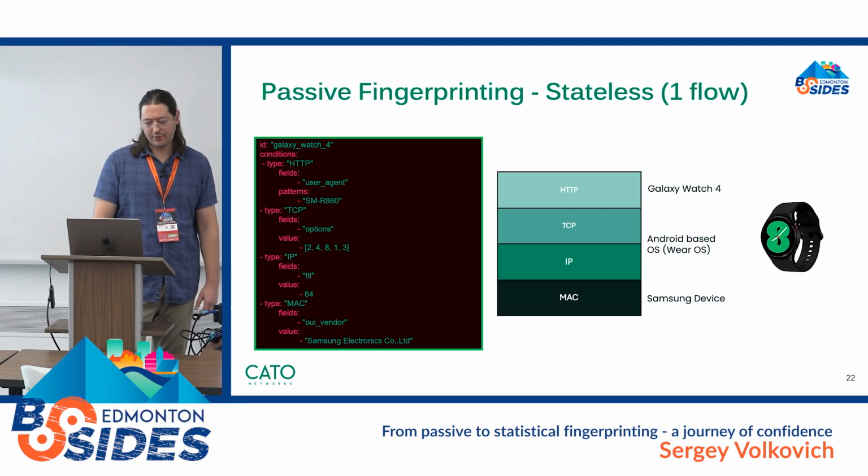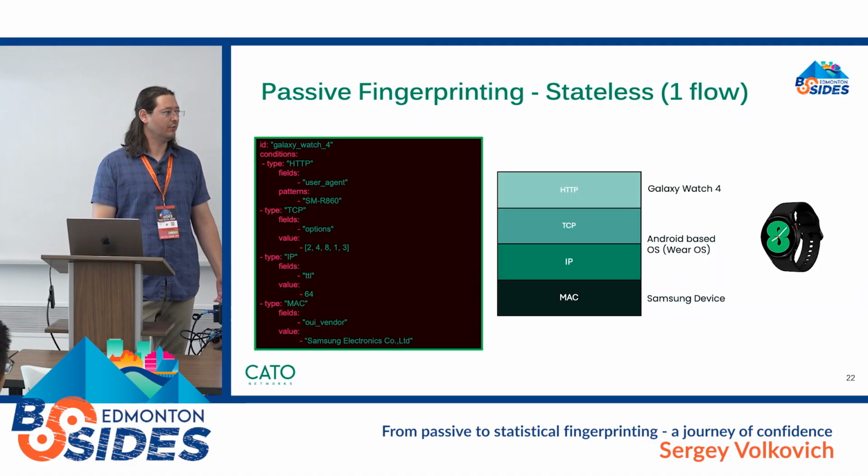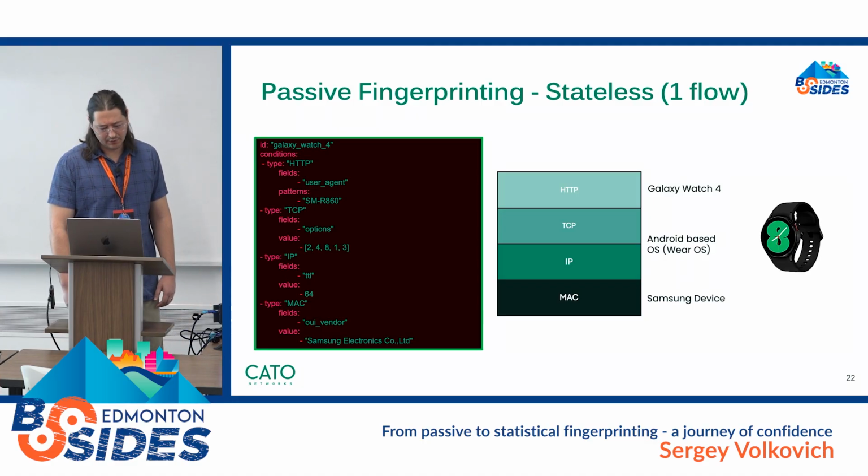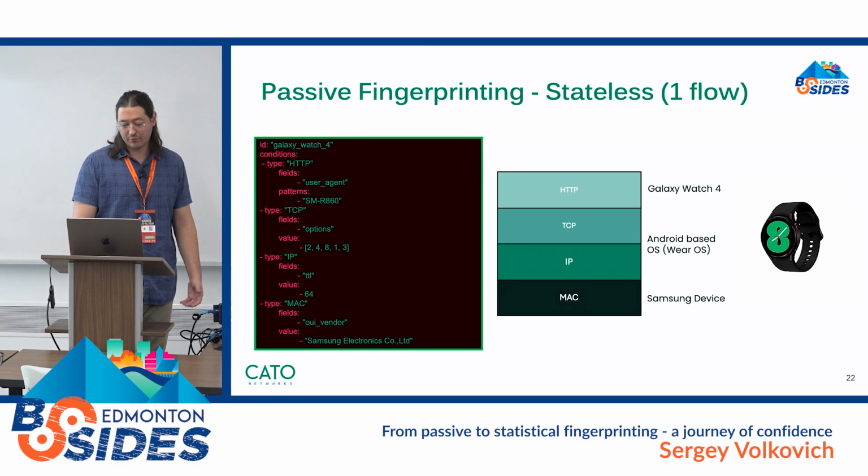Starting from the bottom up, the MAC tells us, using the OUI vendor, the vendor, Samsung. The TCP/IP tells us it's an Android-based operating system, and we can see in the user agent the exact model, revealing it's a Galaxy watch.